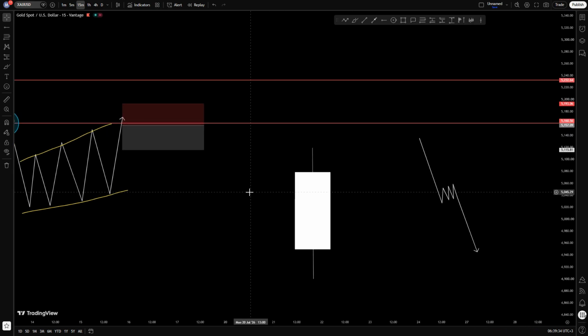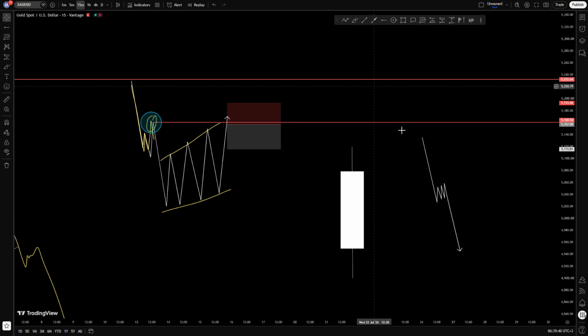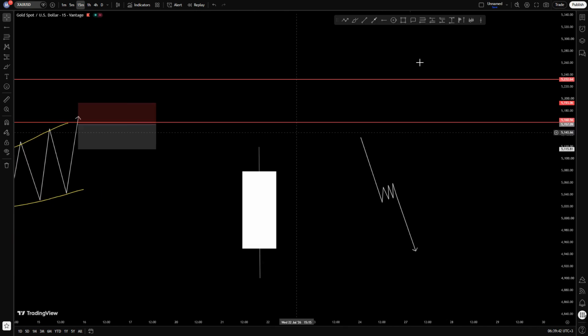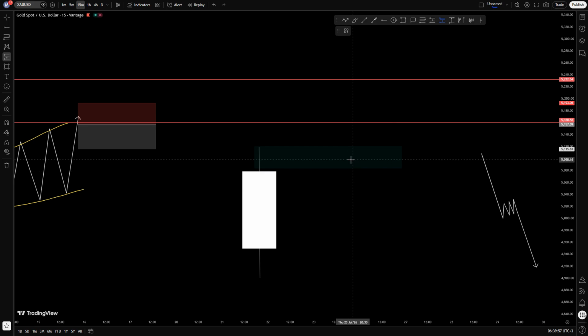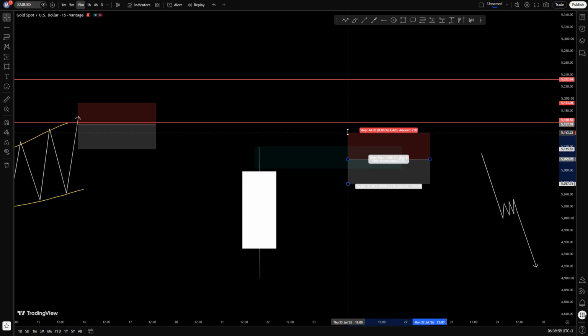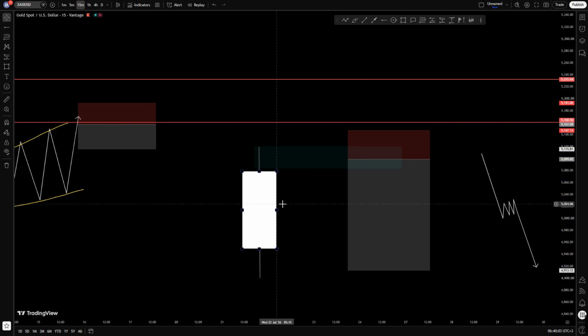So now sometimes instead of just having a high like this, price is going to leave wicks. So price is going to leave wicks like this at the top, and we are going to enter a sell position just like this, and we're going to target. Now this is a candlestick, right?